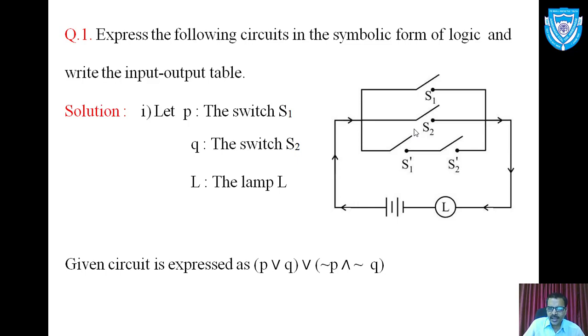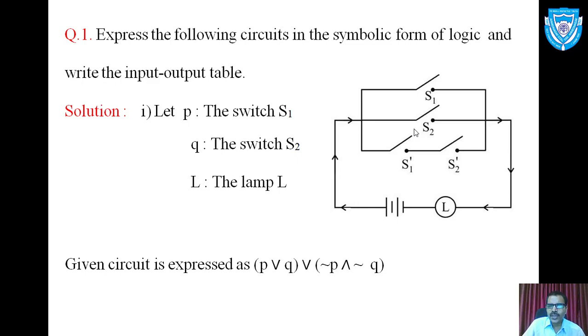First of all, let us transform this loop into a compound statement. S1 and S2 are parallel, that can be represented logically by the compound statement P or Q. Last time I told you, parallel connection means OR and series connection means AND.